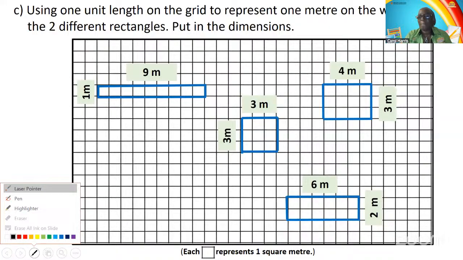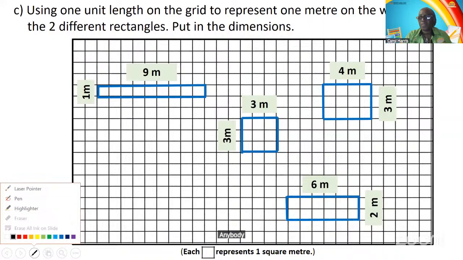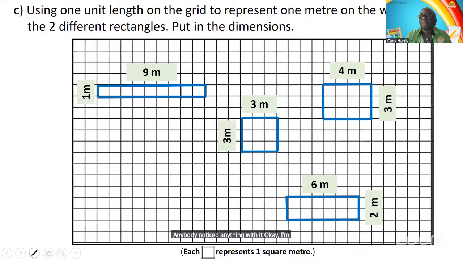Do I get a bigger perimeter for the same area, or a smaller perimeter for the same area, if I have only 1 meter? Anybody notice anything? Okay, I'm seeing Victoria saying that I get a bigger one. The perimeter is bigger for the 9 by 1. Great, thank you for that feedback.